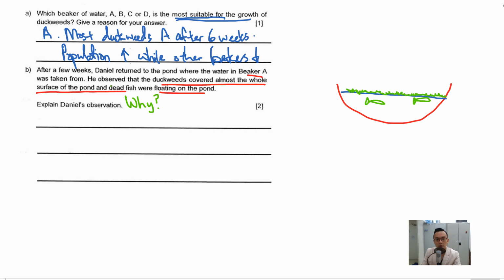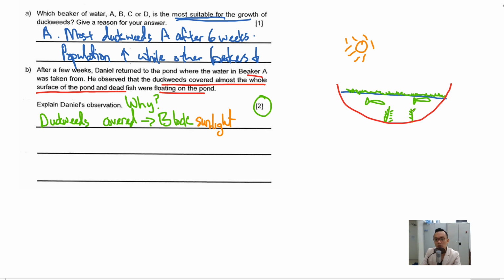All right, so duckweeds covered the whole of the pond. So, and it's a 2-mark question, right? So have to write 2 points. So duckweeds covered the whole pond, which will lead to this, block the sunlight. Okay, block the sunlight from the underwater plants.